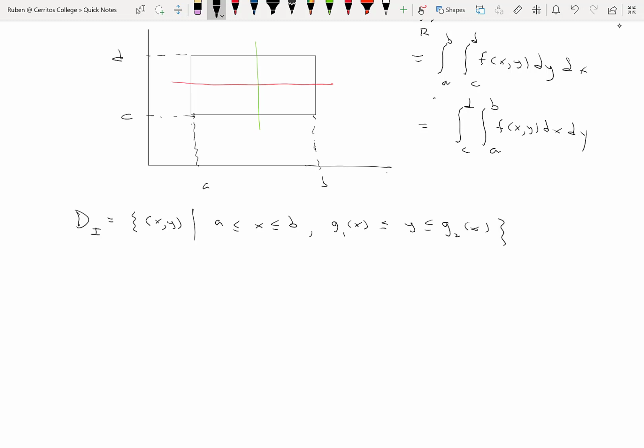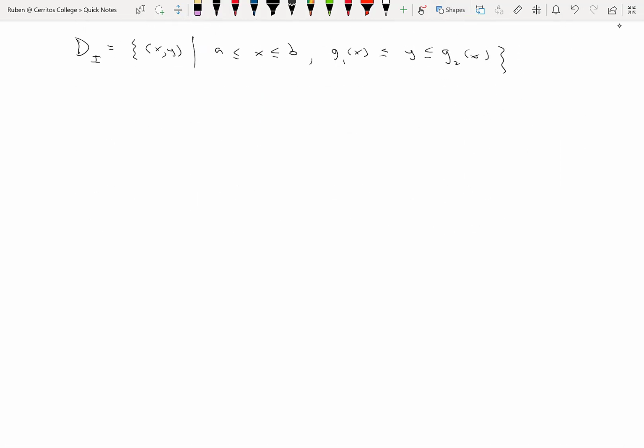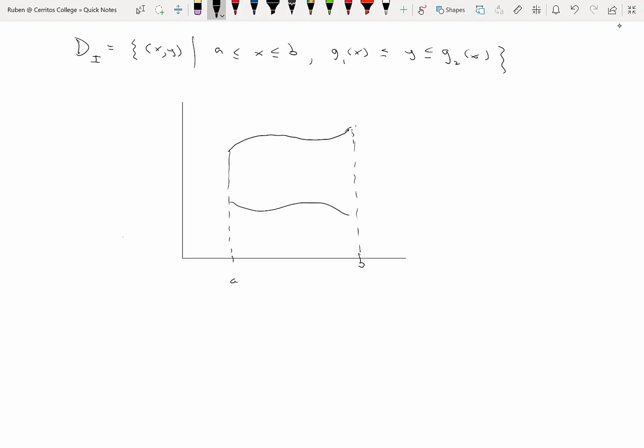What that region looked like, just so we get a picture of it, is we were still integrating x between a and b, but we had a more general case here where we had on top not the constant d, but some graph, some function g2 of x, and on the bottom we had some g1 of x.